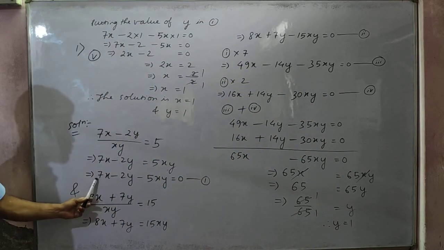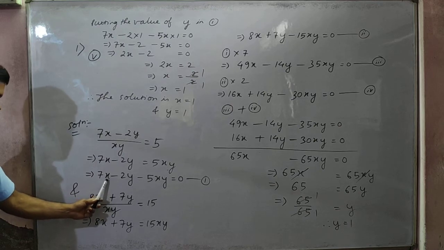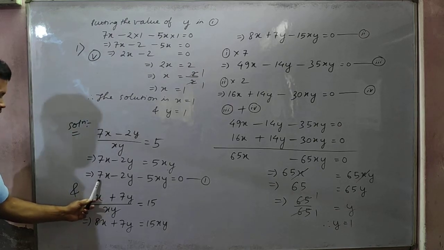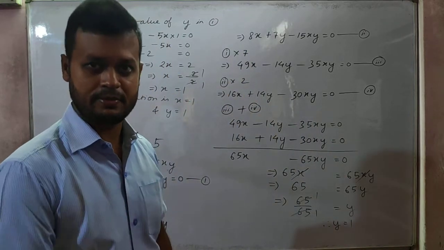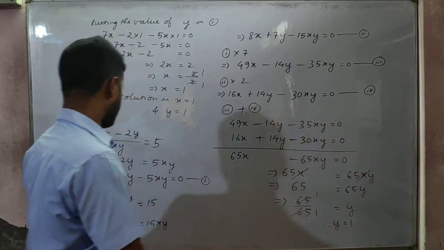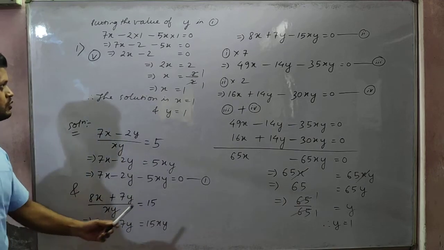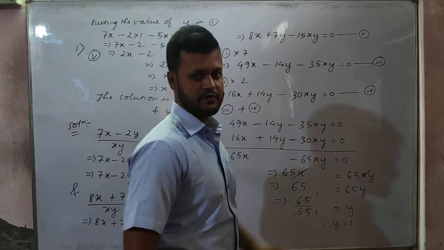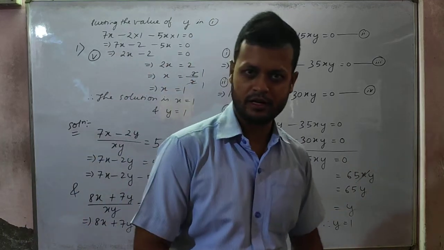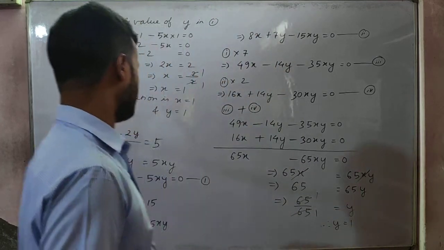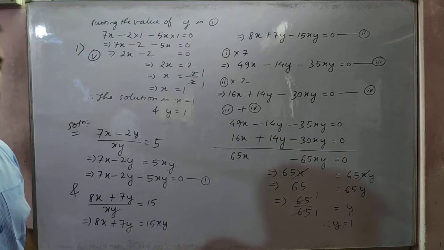In the first equation it is 7, and in the second equation it is 8. 7 8s are 56 will be the LCM. But what is the coefficient of y? 2 and 7, LCM is 14. Which one is less, 56 or 14? 14 is less, so I considered that I will eliminate y.